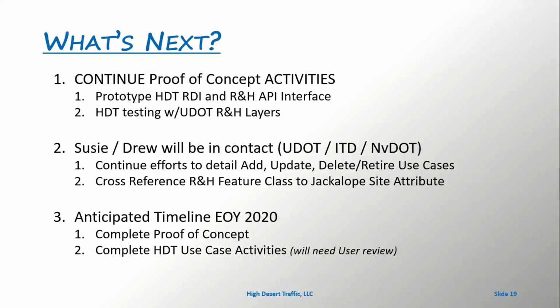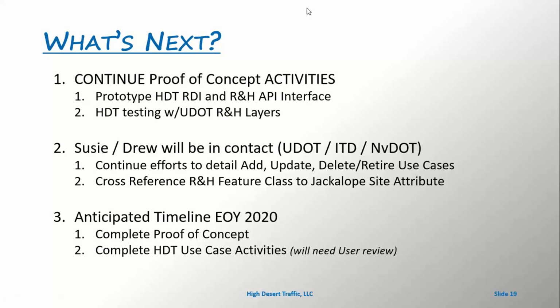Okay. I think that's all of us here. What's next? Well, as you can see, the proof of concept that Joe was working through, and Nicholas, thank you for your test environment. That's really helpful for Joe to be able to make progress on that.